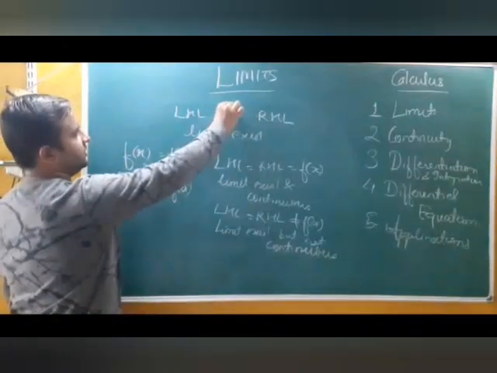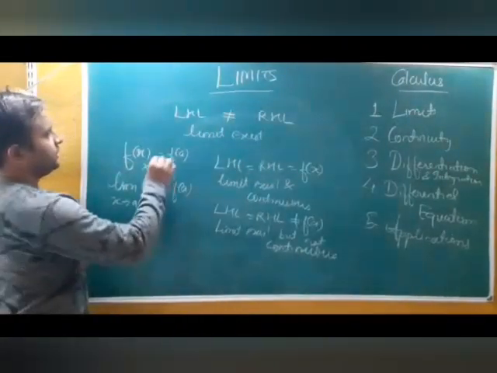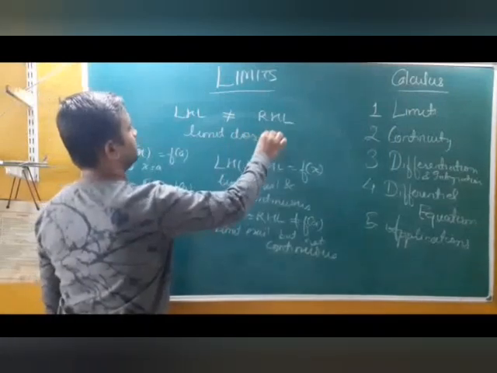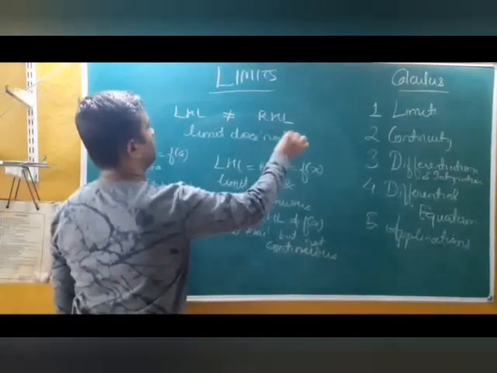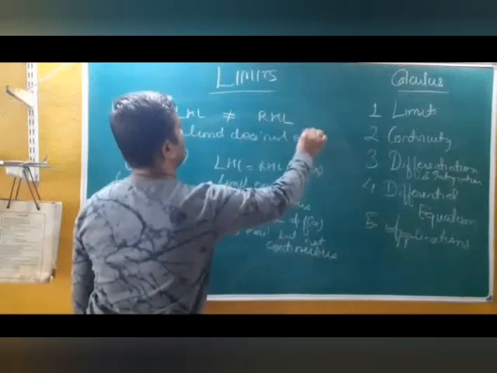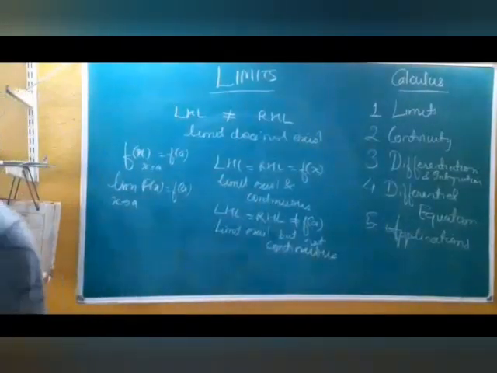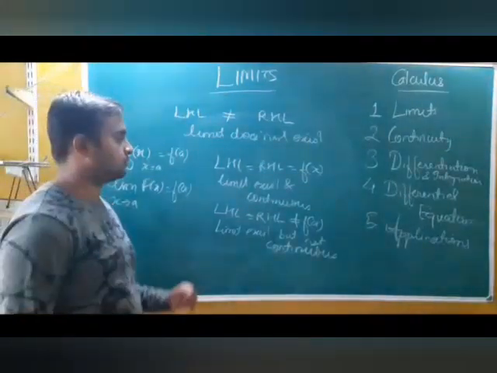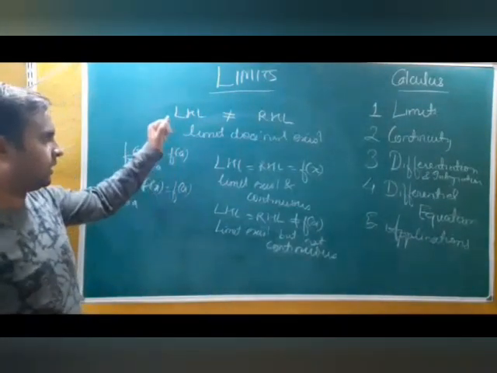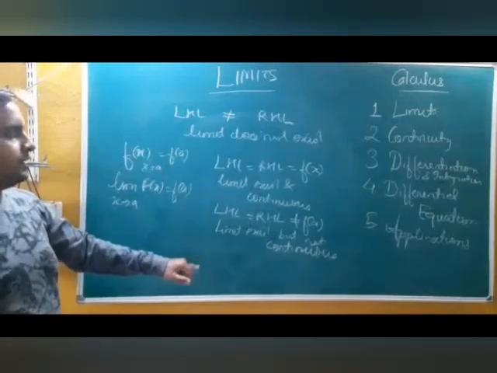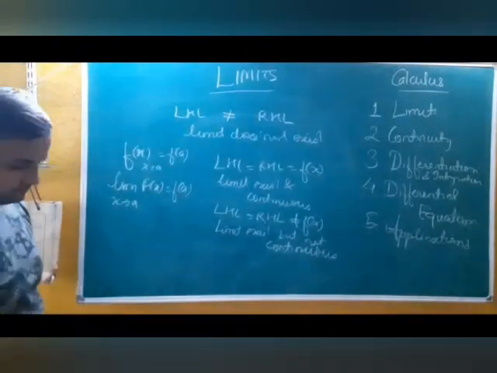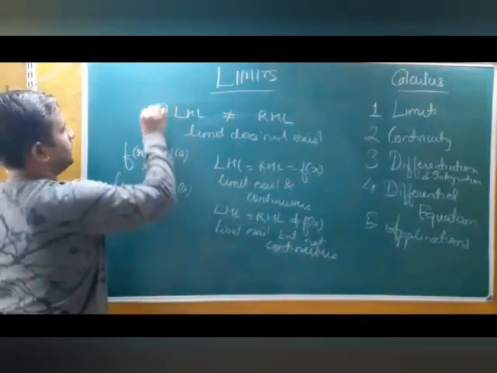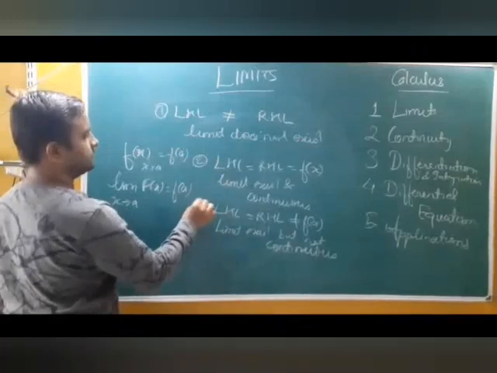But if left hand limit is not equal to right hand limit, then we will say limit does not exist. Very clear. Understood? This is very important. I want you to write down all these three different conditions. 1, this is 2, and this is 3.